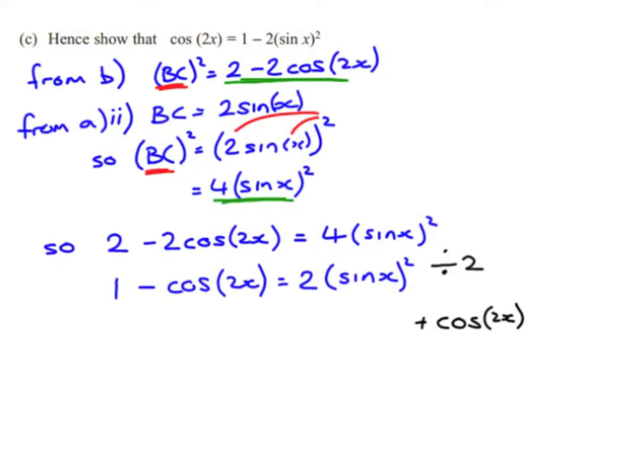And we're going to end up with 1 is equal to 2 lots of sine x all squared plus cos of 2x. And then to make it look exactly like what we're asked for, we're going to subtract 2 lots of sine x squared from each side.